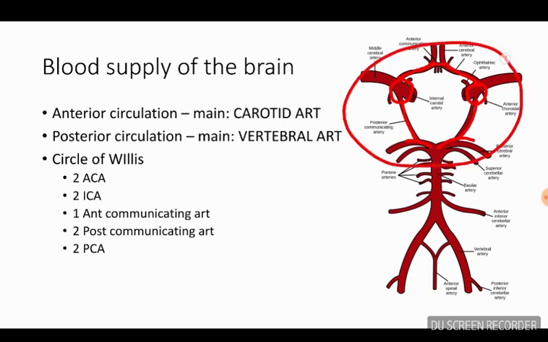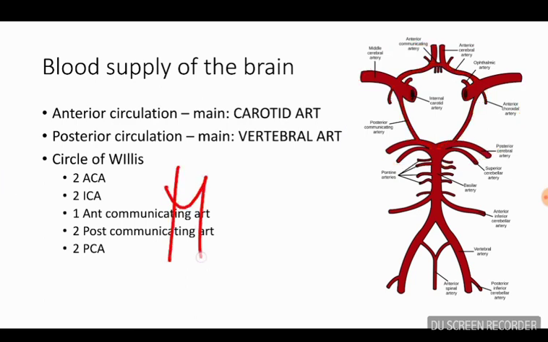So this part here is only your circle of Willis. The rest are not included. And also remember that MCA is not part of the circle of Willis. And that's the end of part 1.